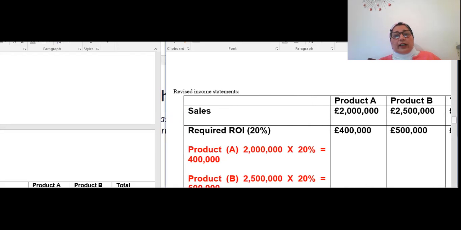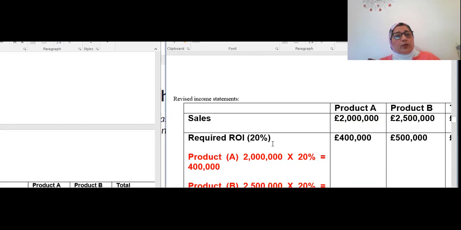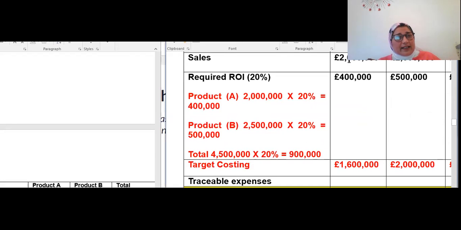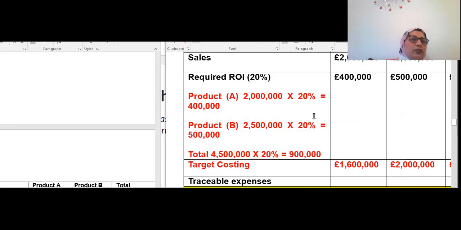Okay, the total target costing is the difference between sales and required return, the return on investment. So target costing is sales take away sales multiplying by the return on investment, and this is the target costing. If we go back to this, target costing is the difference between sales price needed to capture predetermined and the desired per-unit profit.